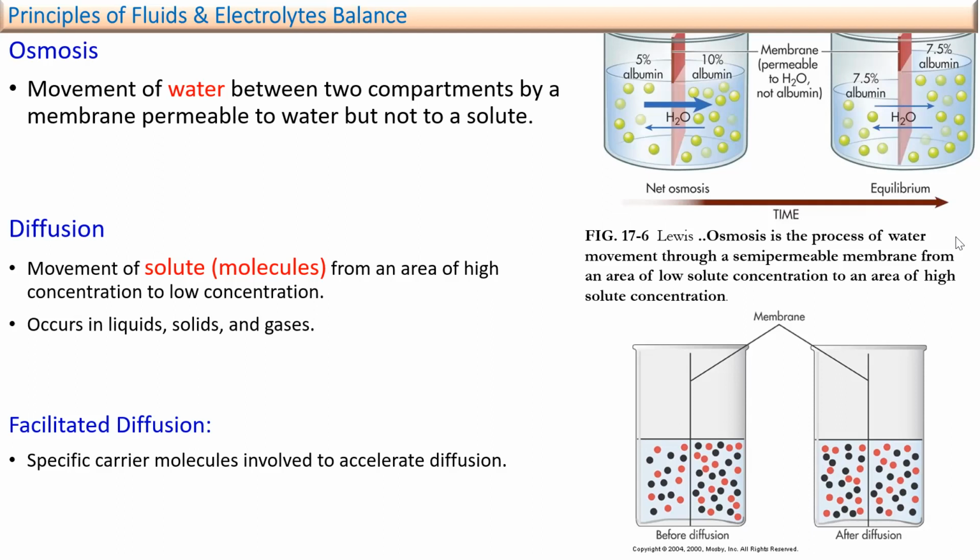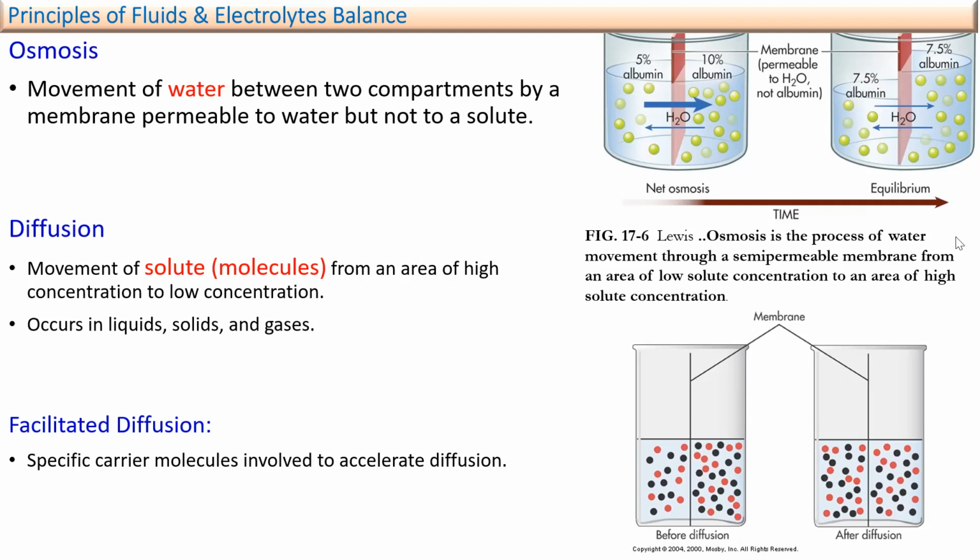However, diffusion is the movement of the solute from an area of high concentration to low concentration. So the area of high concentration will have high molecules, high solute. Diffusion occurs in liquids, solids, and gases.